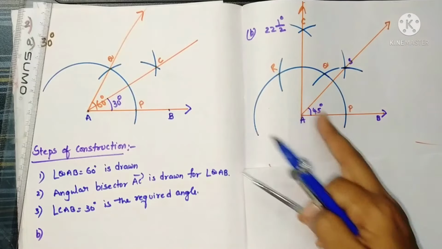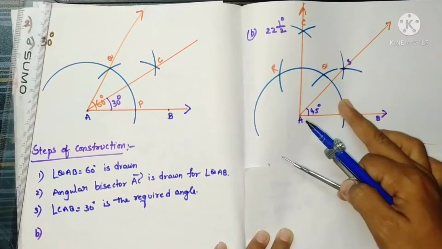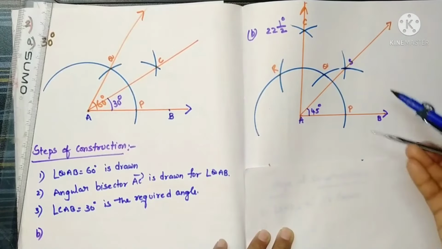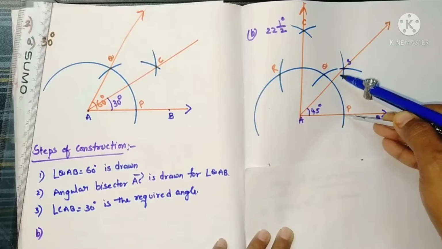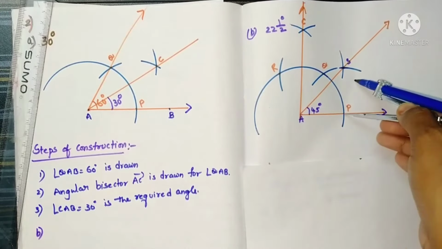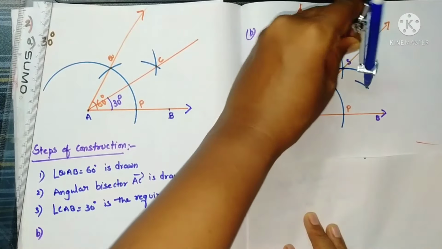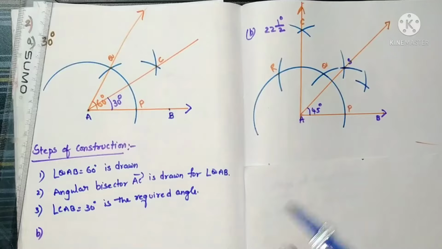So here we want to draw 22 and half. So again we have to bisect this 45. With the same radius from P, draw an arc, and from this intersecting point also draw another arc.